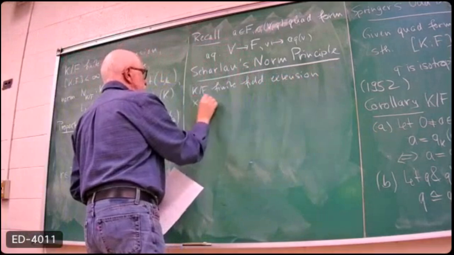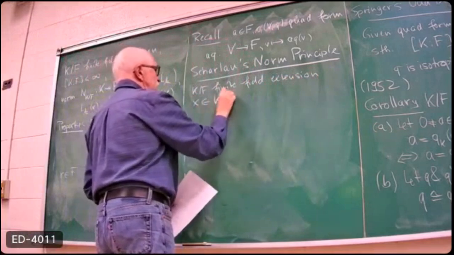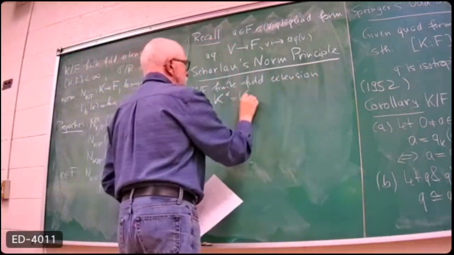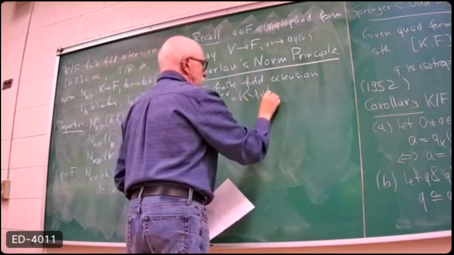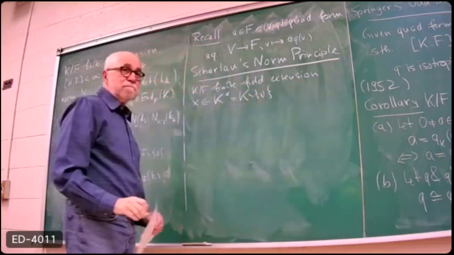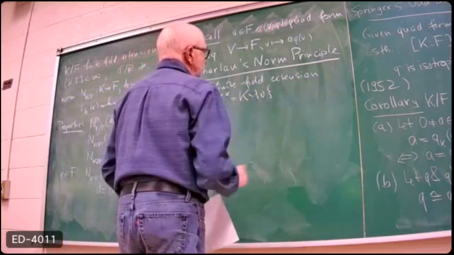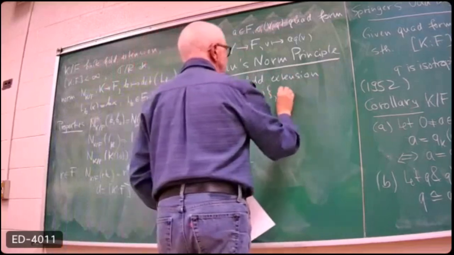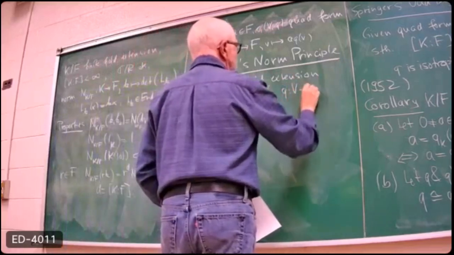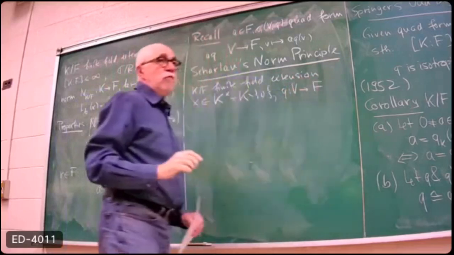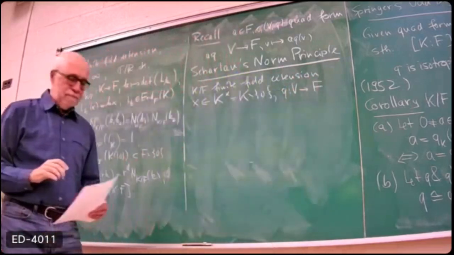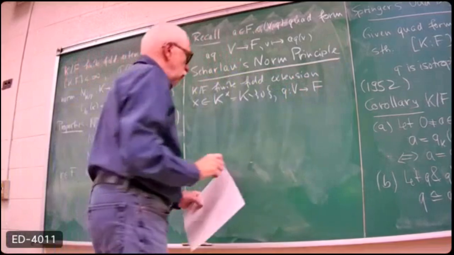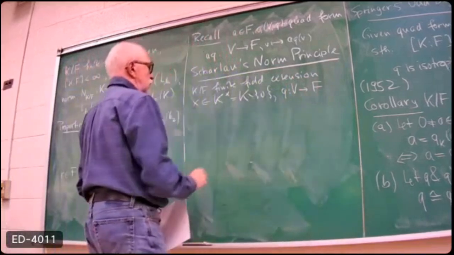We take an x in K times, which is K minus 0, go to x. Then we take Q, any quadratic form over our base field.